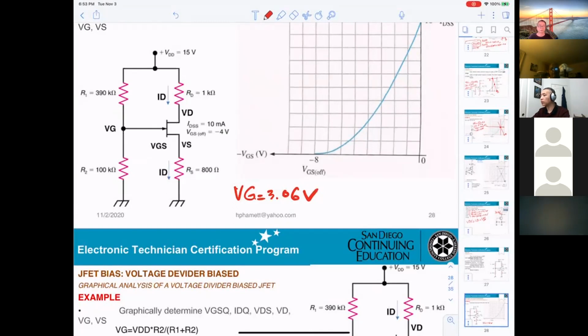Yeah. Okay. Now, when they give the graphic, same thing, you have to get 2 points to draw the line. The intersection with that line will be the Q point. Same thing like self bias.